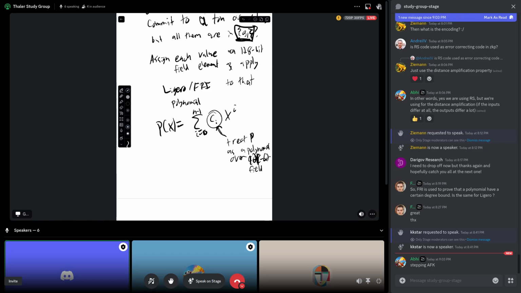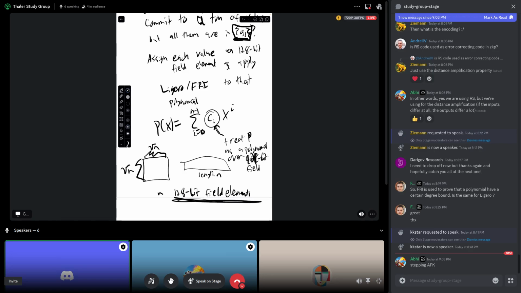And so that means the vector I'm encoding, whether I view it as a root n by root n matrix or a length n vector (FRI views it as a length n vector, Ligero would view it as a root n by root n matrix), is n 128-bit field elements, and the random linear combination of rows is going to happen over the big field.